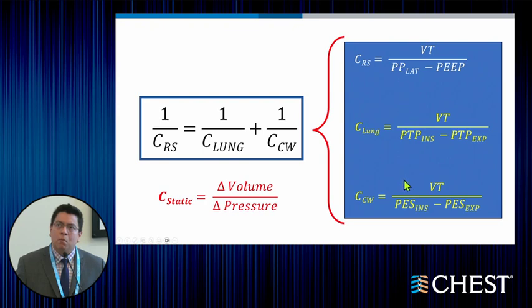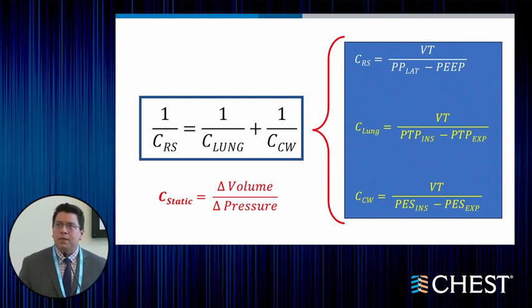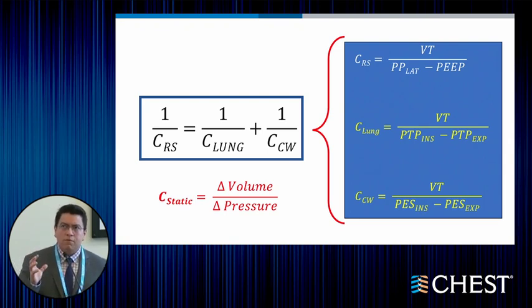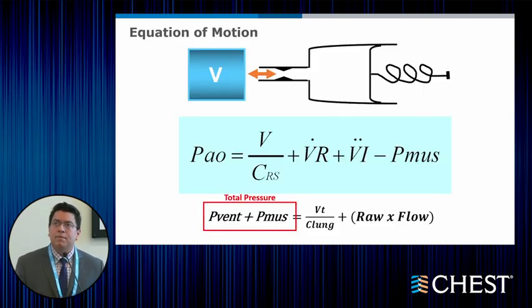So plateau minus esophageal pressure at the end of inspiration is going to be your transpulmonary pressure at the end of inspiration. And your PEEP minus your esophageal pressure at the end of expiration is going to give you the value for the transpulmonary pressure at the end of expiration. So important to remember the differences of this, because all of these are interplaying when we are ventilating patients at the bedside.